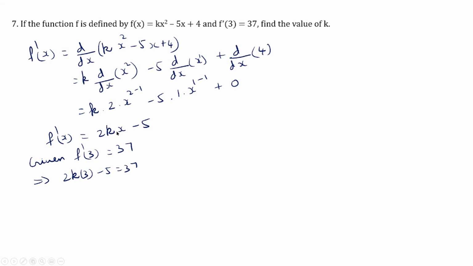So 2 into k into 3 minus 5, this is equal to 37. From this we have 6k equal to 37 plus 5, which is 42. Therefore k equal to 7. So if f is defined by this function and f dash of 3 equal to 37, then k equal to 7.